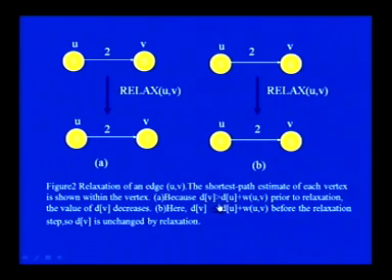If d of v is greater than d of u plus w of u comma v prior to the relaxation, the edge will be relaxed like this. If d of v is less than or equal to d of u plus w of u comma v before the relaxation step, we will not alter anything; it remains as it is.